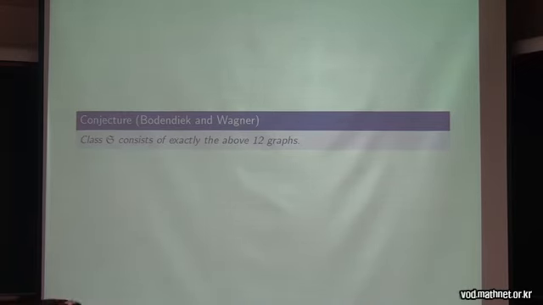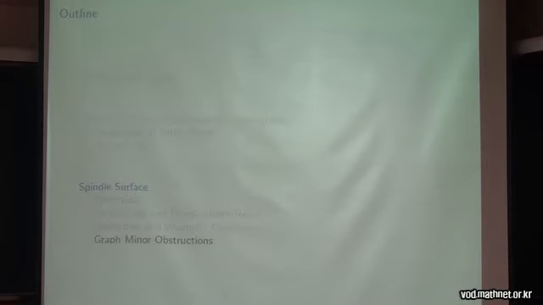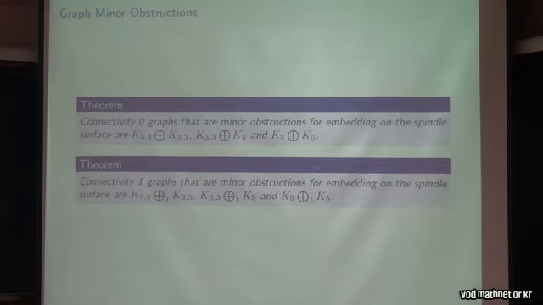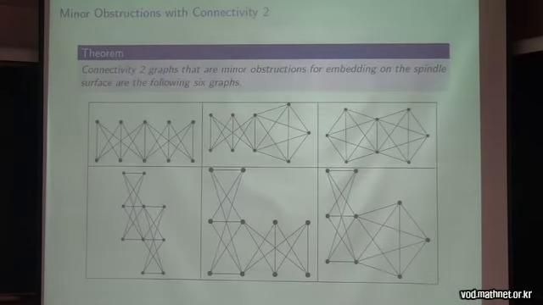But yeah, we may guess that the total number of excluded minors of spindle surface is really small. We can guess that. So I tried to get excluded minors of a spindle surface, and in the viewpoint of connectivity 0, I find these 3, and connectivity 1, we can find these 3, and connectivity 2, we find these 6.